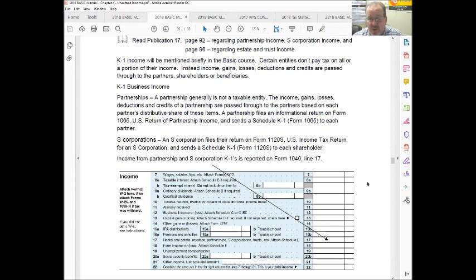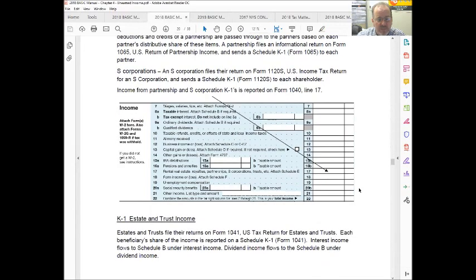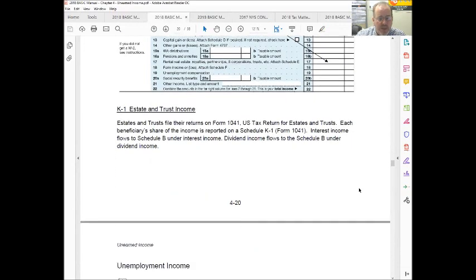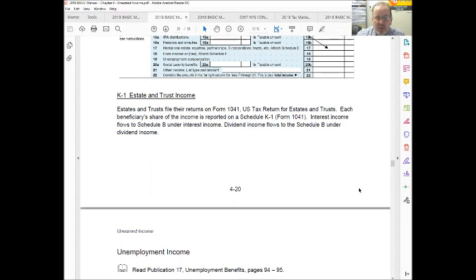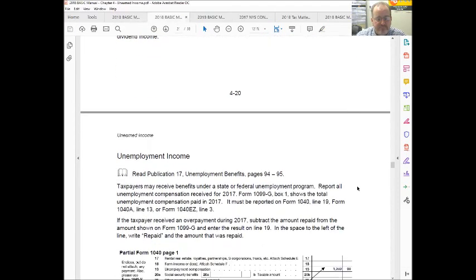And again, on the break in a few moments, I'm going to try to scan in what I handed out and bring that up so I can talk to you more about what a K-1 looks like and how it works, okay? But just know that it's reported as income. It's unearned income, and you can see right there that it goes on line 17, okay? And again, K-1s may come from an estate or trust too. It's not necessarily just from a business, all right?